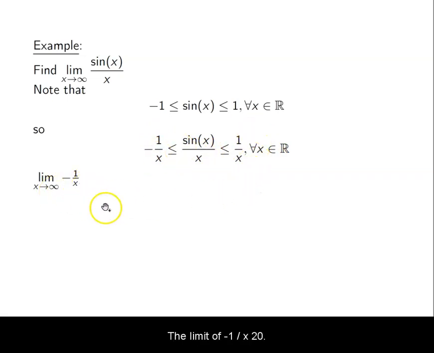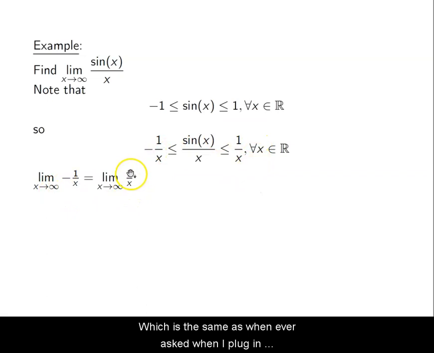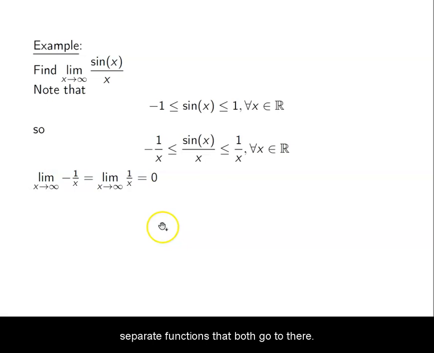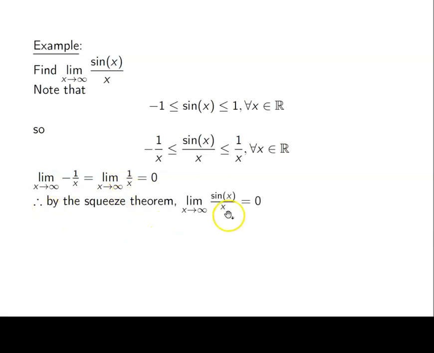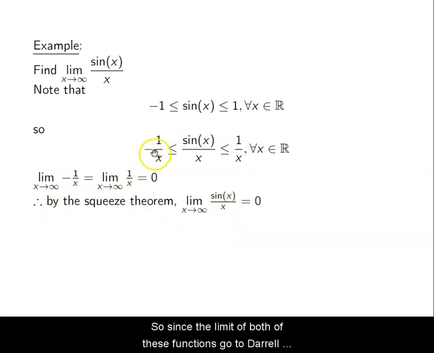The limit of -1 over x is 0, which is the same as 1 over x when I plug in very large values. So my function is squeezed between two separate functions that both go to 0. Since the limit of both of these functions is 0, my function here has to go to 0.